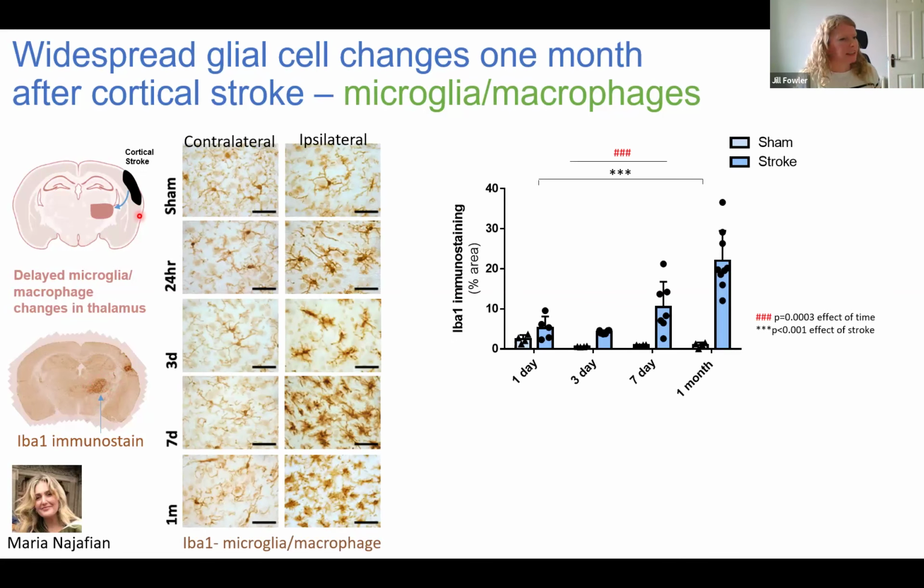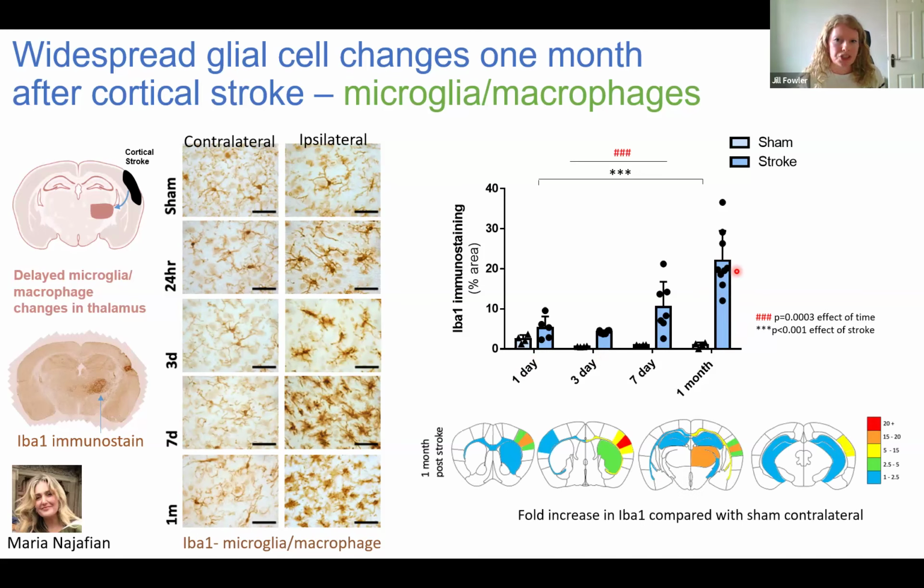So here you can see the temporal evolution of these changes, some of the morphological changes to the reactive microglia, which by 1 month appear to have an amoeboid morphology. And it does appear like there is an expansion of this population here as well. And if we measure fairly crudely just the percent density of the IBA1 staining, we can see that this progresses, and by 1 month we see a marked change here in thalamus.